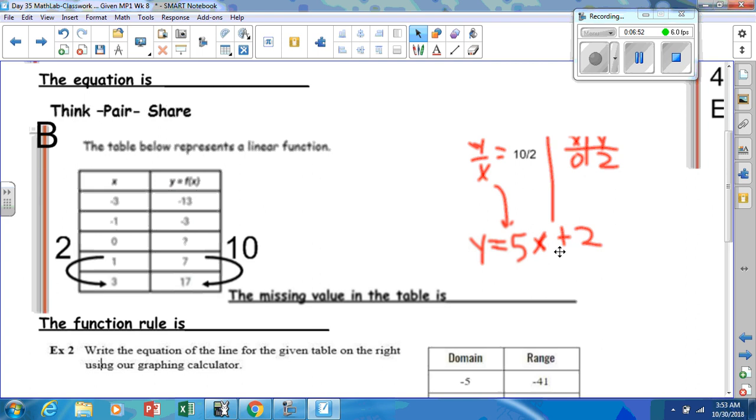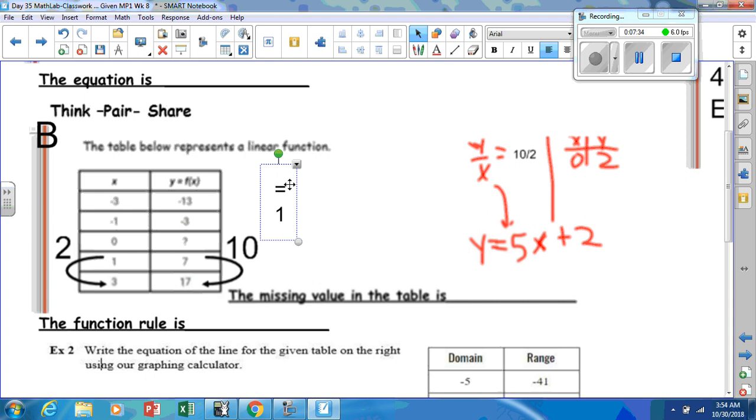Here's the thought. I have this negative 1, and I'm adding positive 1 to it. Negative 1 plus positive 1 gives me 0. Okay?